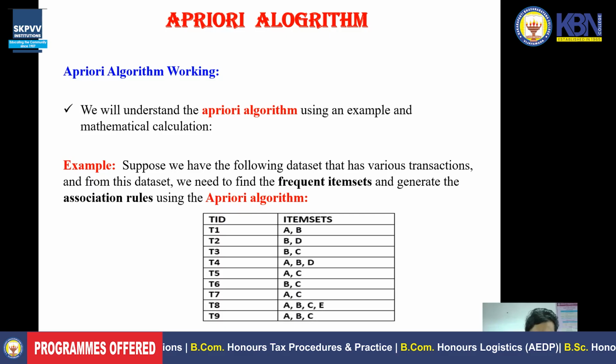T9 has A, B and C. These are the given transactional database, and the minimum support value is 2 and the minimum confidence value is 50%. These three inputs are given to the Apriori algorithm.